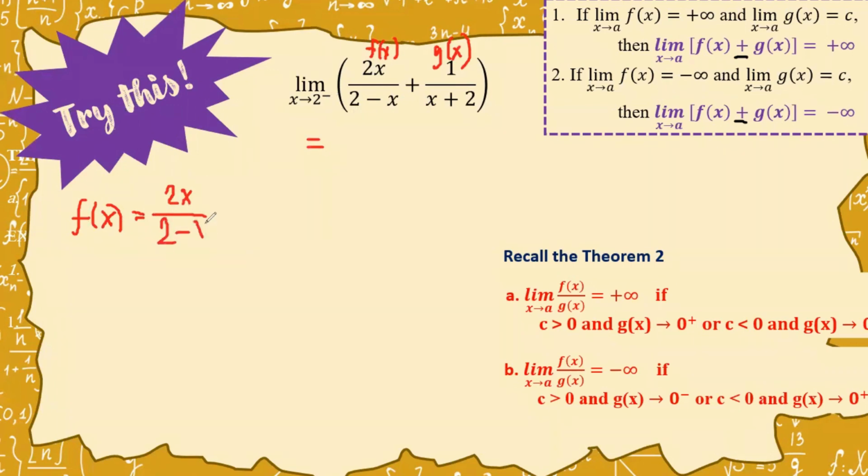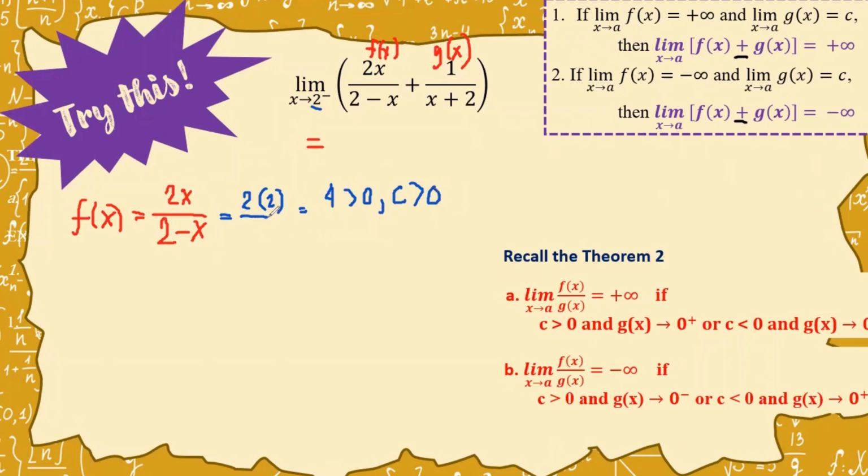So again, pag ganito yung given, balikan natin si theorem 2. For theorem 2, yung una natin na gagawin is look for the value of your numerator. So 2 times, ilan yung approach? 2. So 2 times 2, that is equal to 4, and 4 is greater than 0. So our C here is greater than 0.